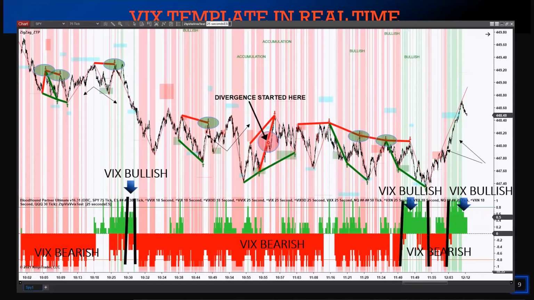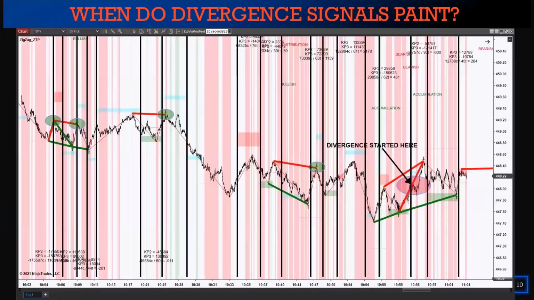When we did get this divergence signal right here, we did have a full red VIX. We basically got the signal right here, and then price traded up very rapidly, about 4 points. But I am going to take a closer look at this shortly.